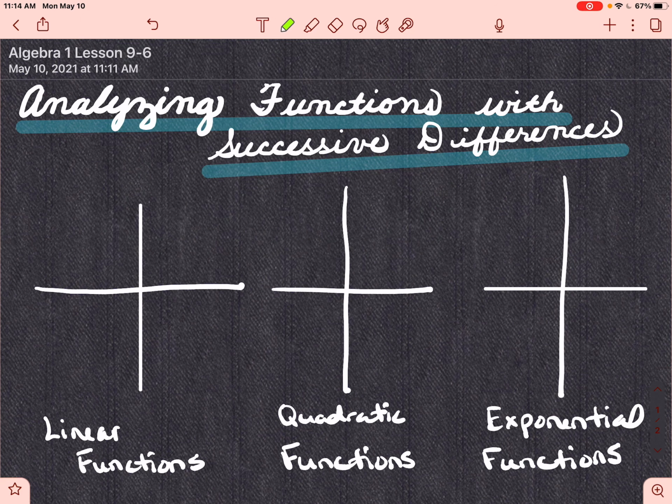So linear functions make lines, like that.